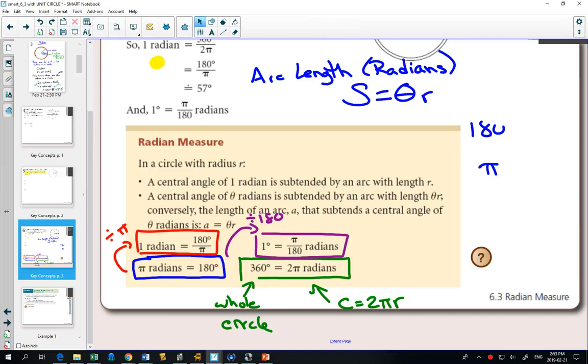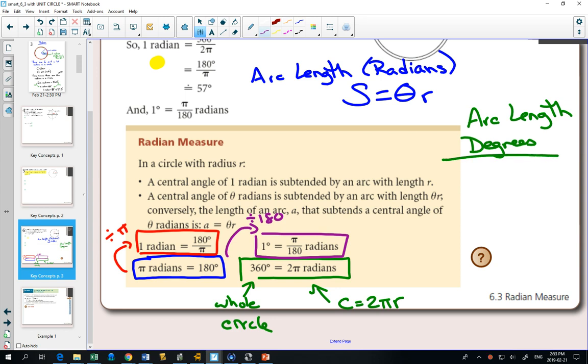The other thing that you did yesterday is you came up with a formula for the arc length using ratios. So what we looked at, when we did it with degrees, was whatever angle you have out of 360, and for whatever reason they use the letter S for arc length.